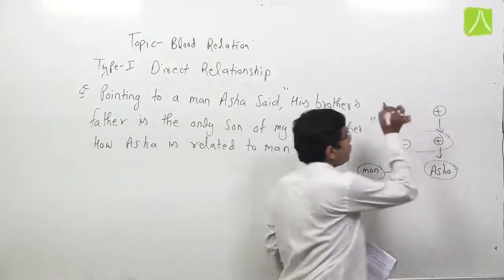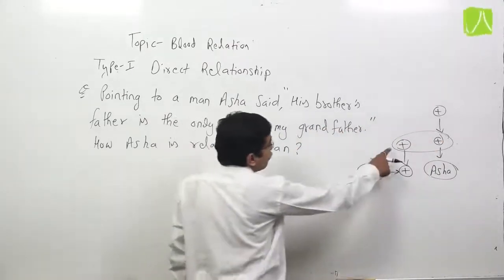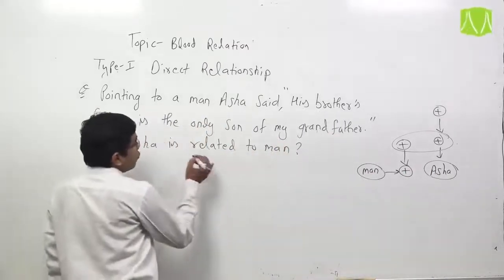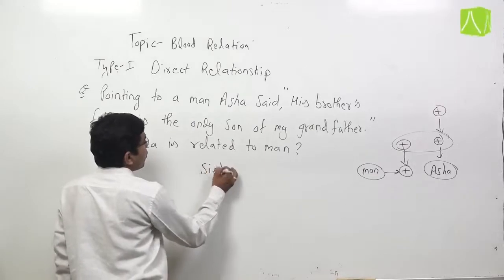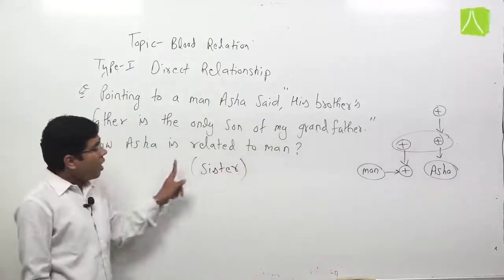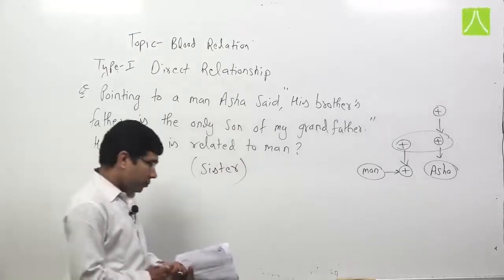That means these persons are same. So the father of this man and the father of Asha is the same person. So Asha is a sister of this man. Asha is the sister of that man.